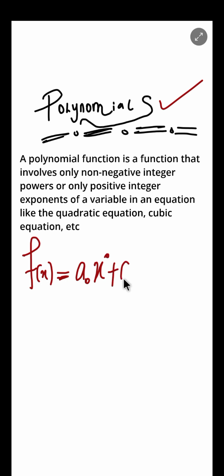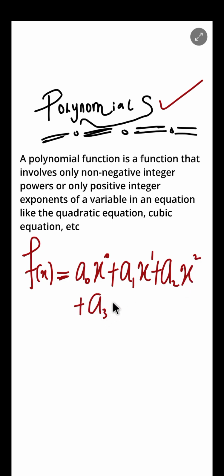And the next one can be a1, which is another constant, and you have x to the power of 1, plus a2 x squared, plus another constant a3 x cubed, and so on.